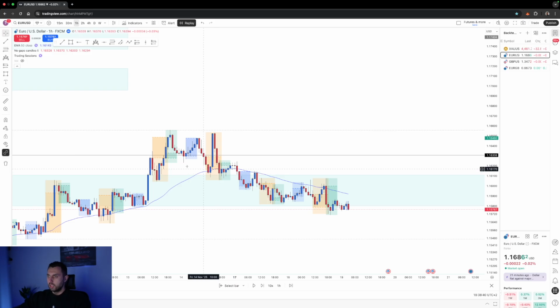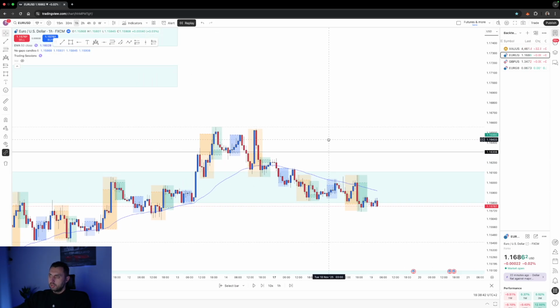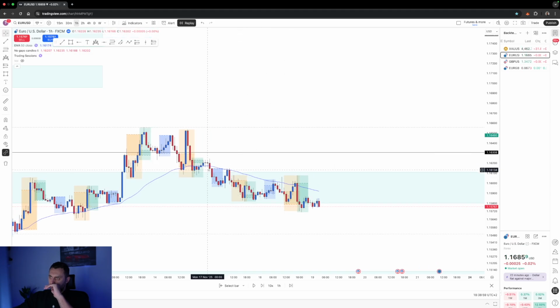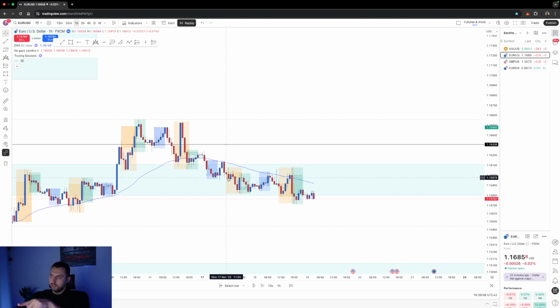But here it's at night, so I wouldn't enter. Here the shift happened somehow at 5 p.m. and here is the Asia session. So here is the zone where I would enter a trade.